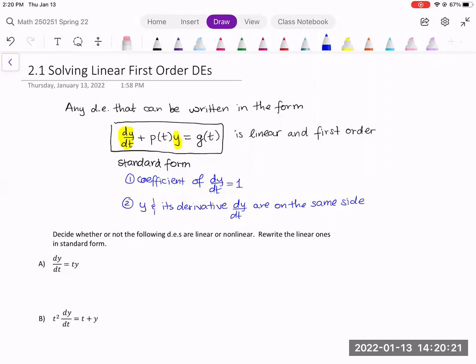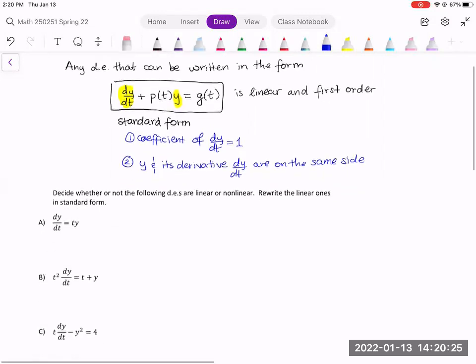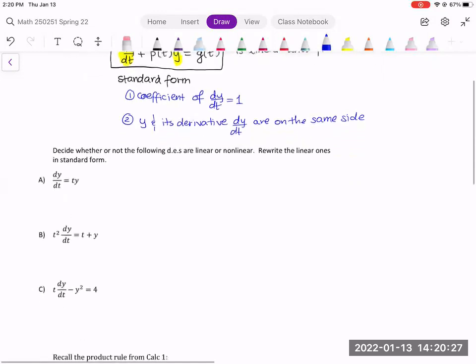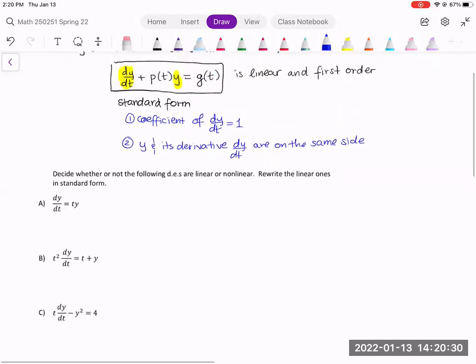Okay, so just to practice this definition a little bit, I want you to take a moment, pause the video, and look at the following 3 examples. What I want you to try and do is rewrite them if you can. Decide which of these are linear, which of these are nonlinear. So that means just not linear.